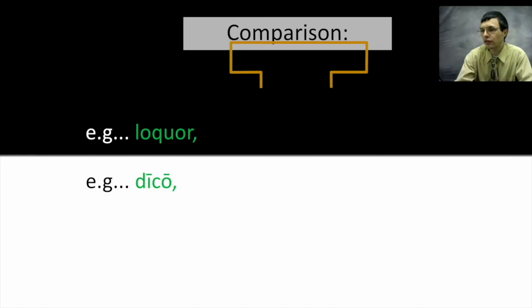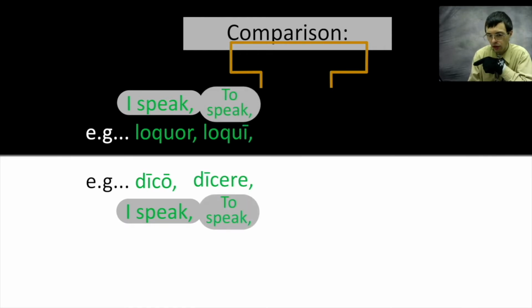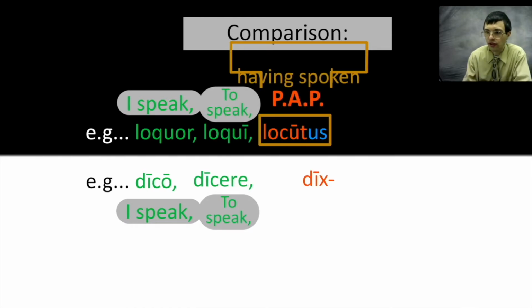Okay, if that was confusing, hopefully this will make it a little more clear. Let's do a direct comparison between a deponent in the black up top and a normal verb in the white down low. Both of these mean "I speak," then "to speak." Now, as far as the third principal part is concerned, before we get that full third principal part, let's consider the part that means just "having blanked" in the past.